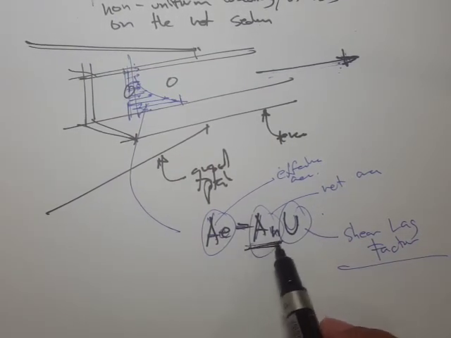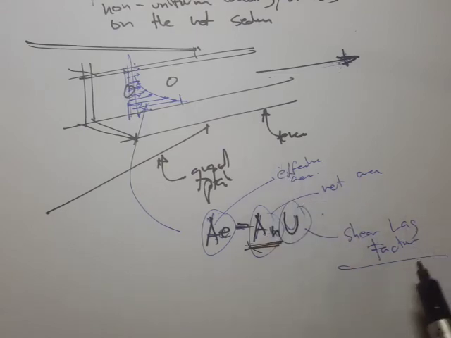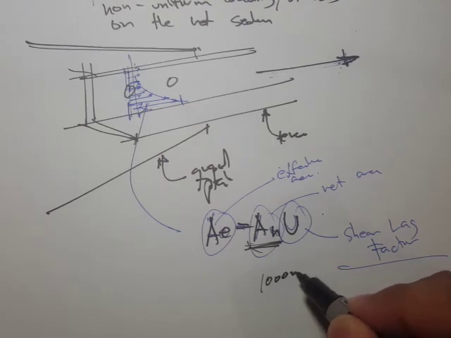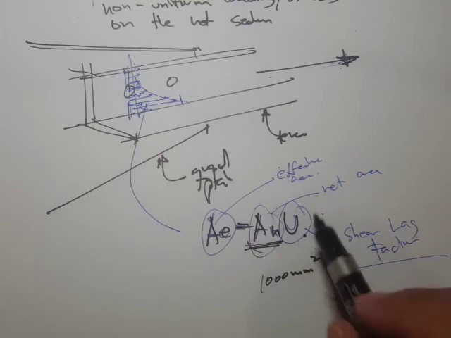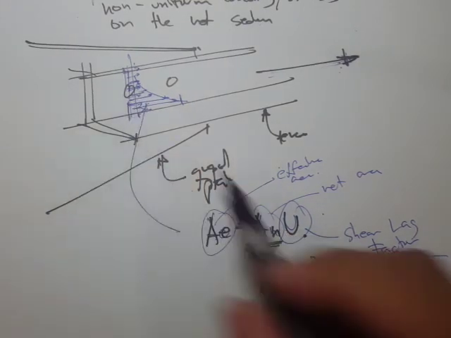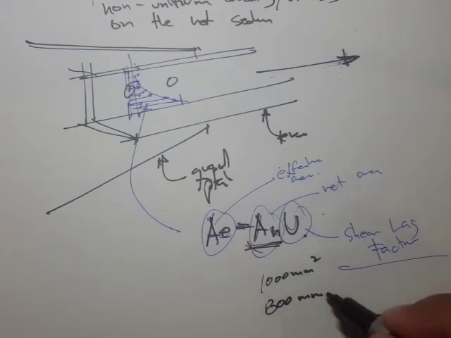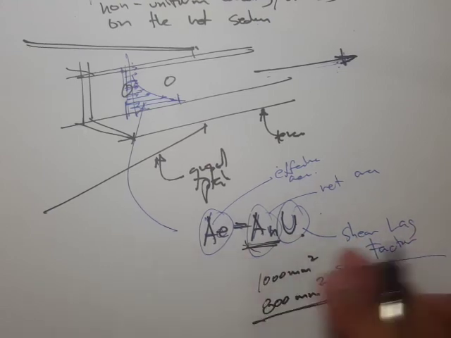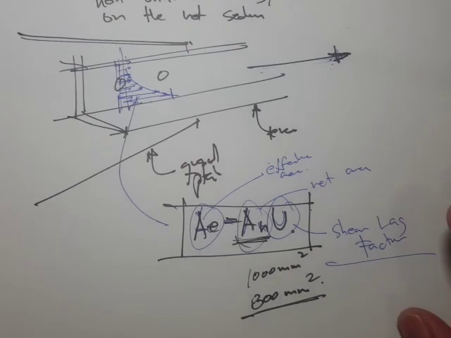Let's say we have solved the net area, then at certain conditions we have to find the value of the shear lag factor and multiply that. So instead of having 1000 millimeter squared of area, if the shear lag factor is 0.8, then we're actually having an effective area of 800 mm squared. That's the main point of the shear lag phenomenon.